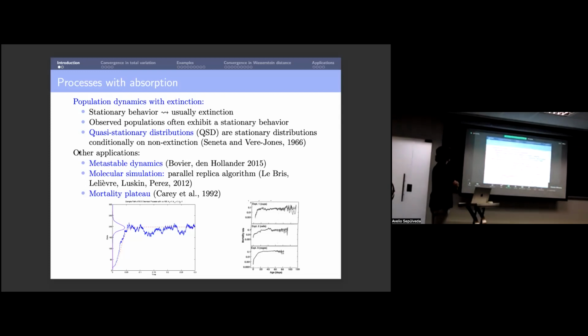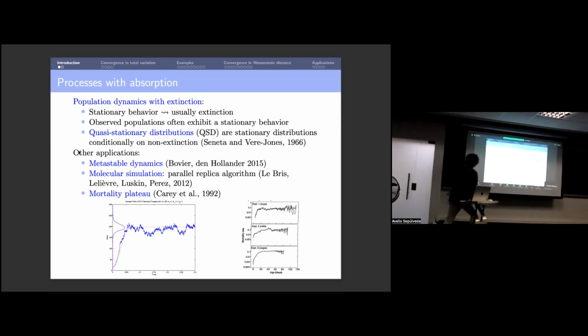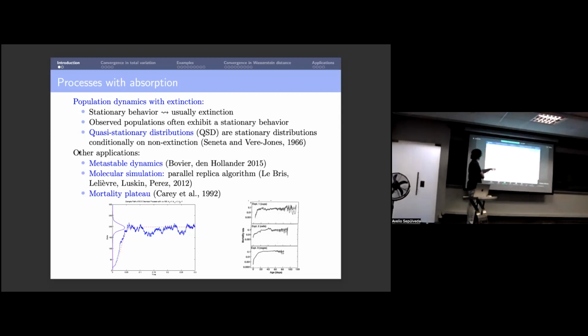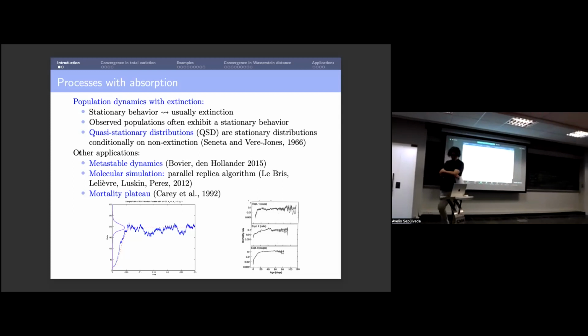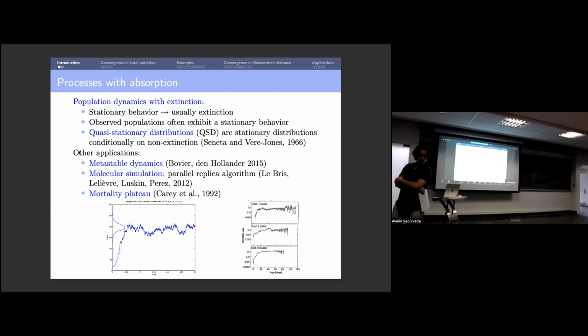It has other applications too: it is very important in metastability, and it is used as a principle to build efficient algorithms for molecular simulation, in an algorithm called the parallel replica algorithm.